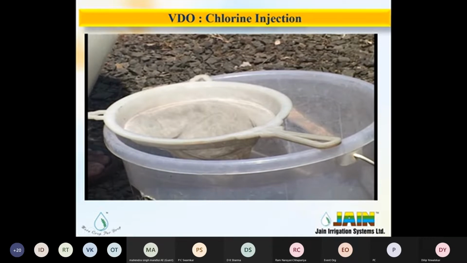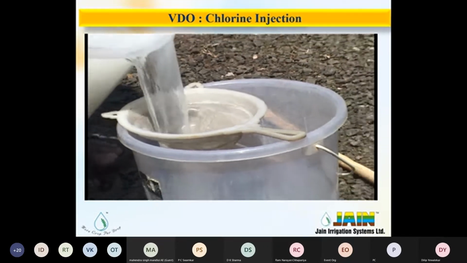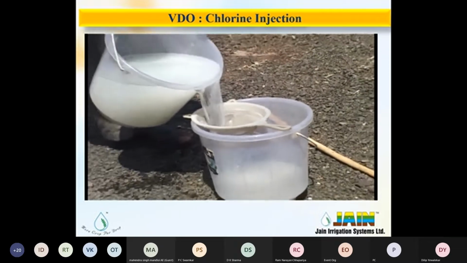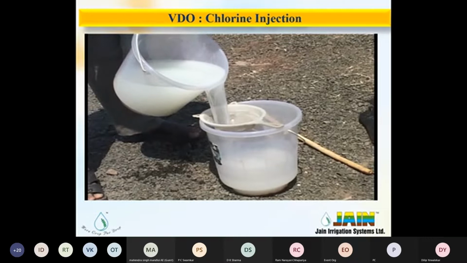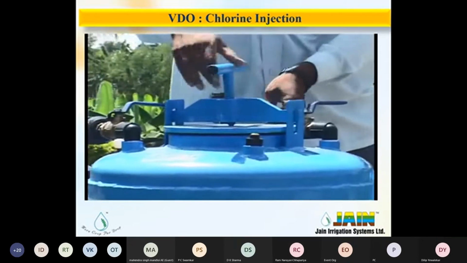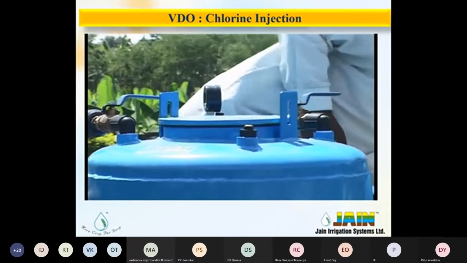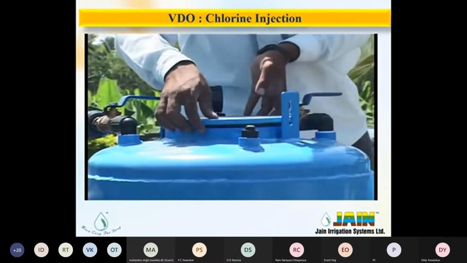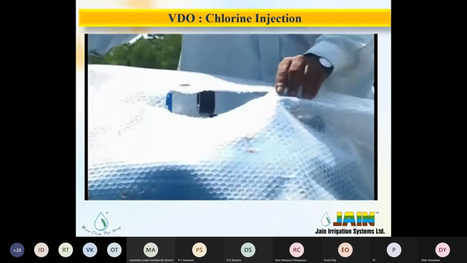Then the stock solution has to be filtered so that whatever residual is there gets filtered by the screen. This filtered bleaching powder solution you can put in the fertilizer tank or in the injector, and allow it to pass through the drip system.